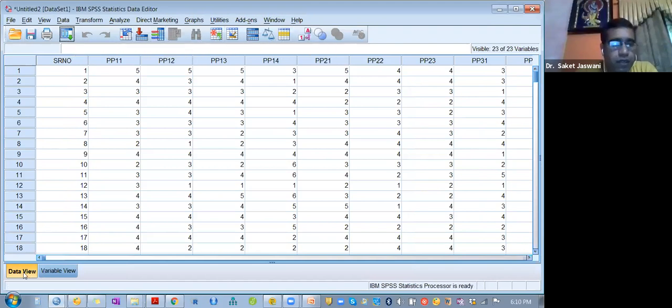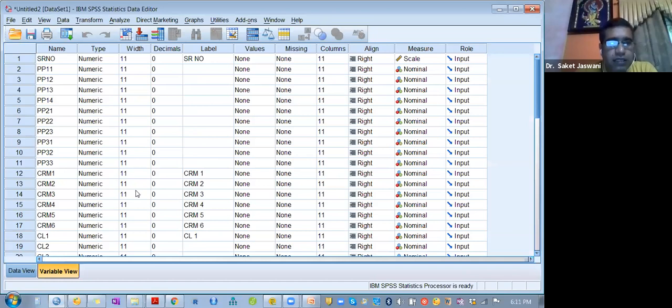In the bottom left-hand side, you can see data view and variable view. This is the data view where you can see the data. If you click on variable view, you can see the characteristics of the data uploaded in the data view. The first, the serial number, is a scale, then all others are nominal. They are also scales; you can convert those into scales too, but it will not affect our analysis right now.